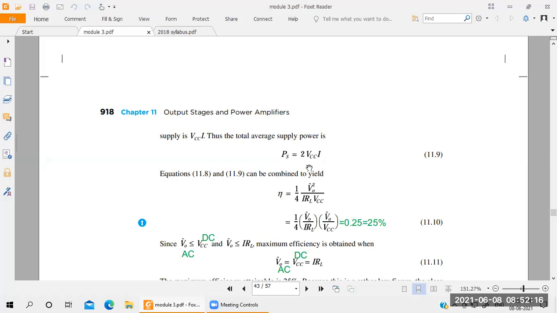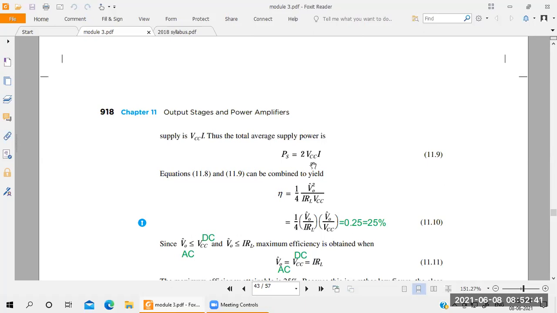So here I have taken the input power as 2 into VCC into I. What is the P equation according to Ohm's law? V into I. We have taken the DC voltage multiplied by the DC current. The DC current is produced by which transistor? The Q2 transistor. Q2 transistor generates the DC current. Then Q1 is for what? AC.